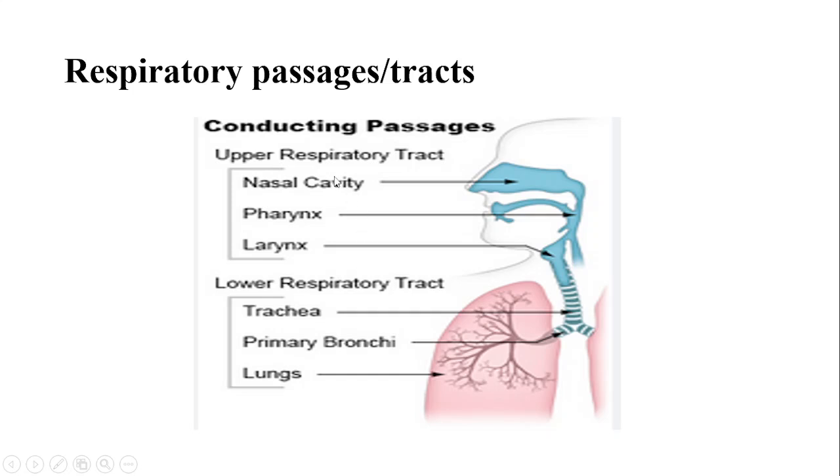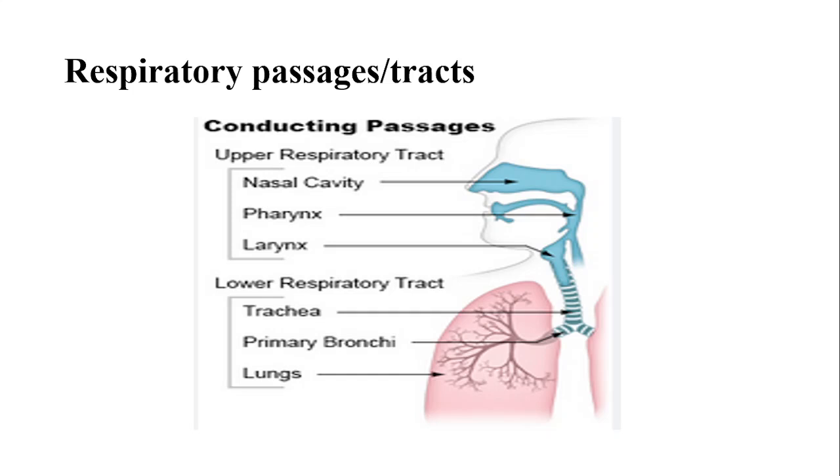This is a diagram showing the conducting passages, meaning the upper respiratory tract and lower respiratory tract. The upper respiratory tract is from the nasal cavity to the larynx, and the conducting zone, where only the conduction of air is taking place, extends from the nose to the terminal bronchiole.